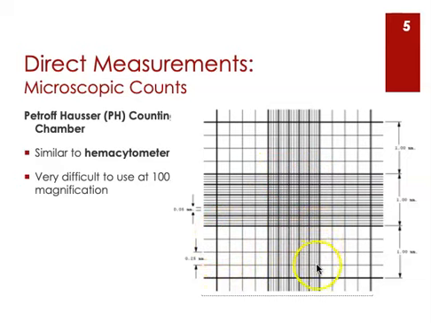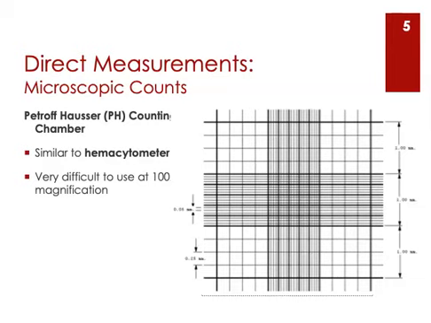That's a common practice when you're counting blood cells. You measure these 5 areas by counting the cells, and then you use a mathematical formula to take that number and extrapolate it back to the whole sample.